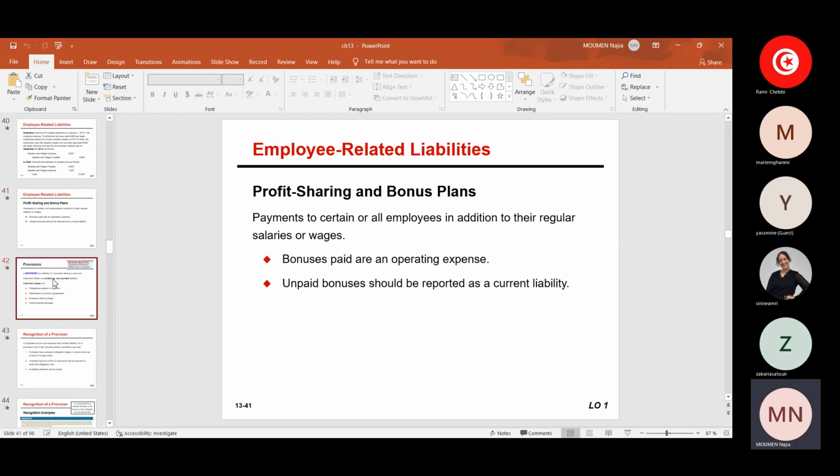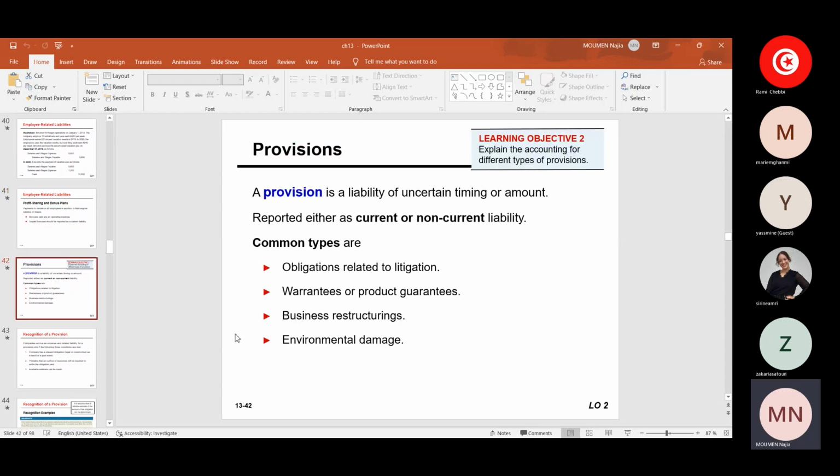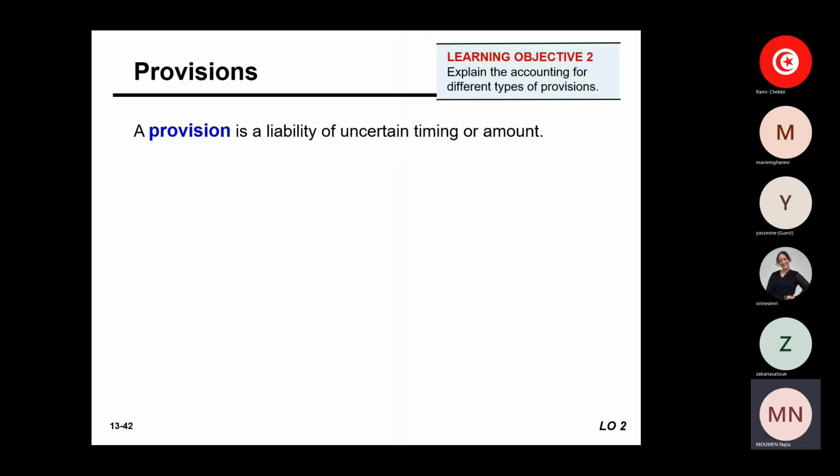So we'll move on to what is new for us as majoring in accounting or even minoring in accounting. What you probably didn't hear about is provisions. So what do we mean by provisions? And should they be recorded, accounted for, recognized, etc.? We'll discover all of these issues together.